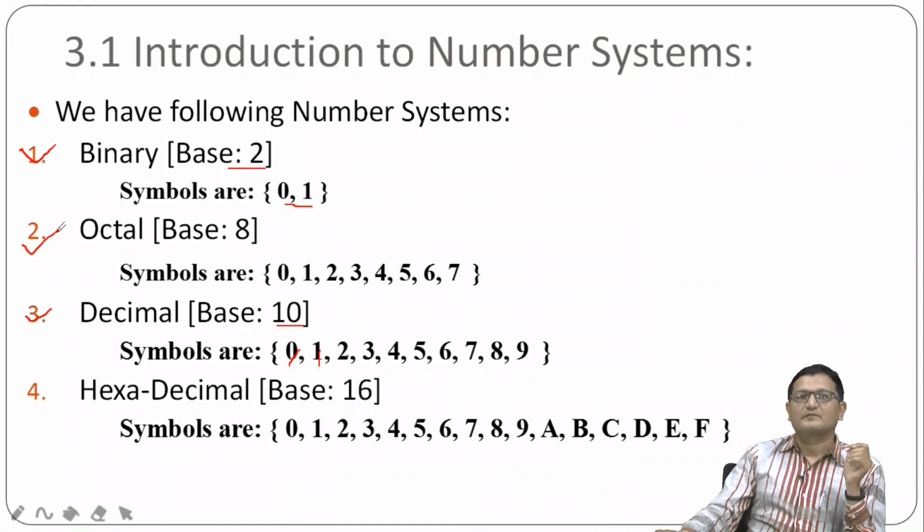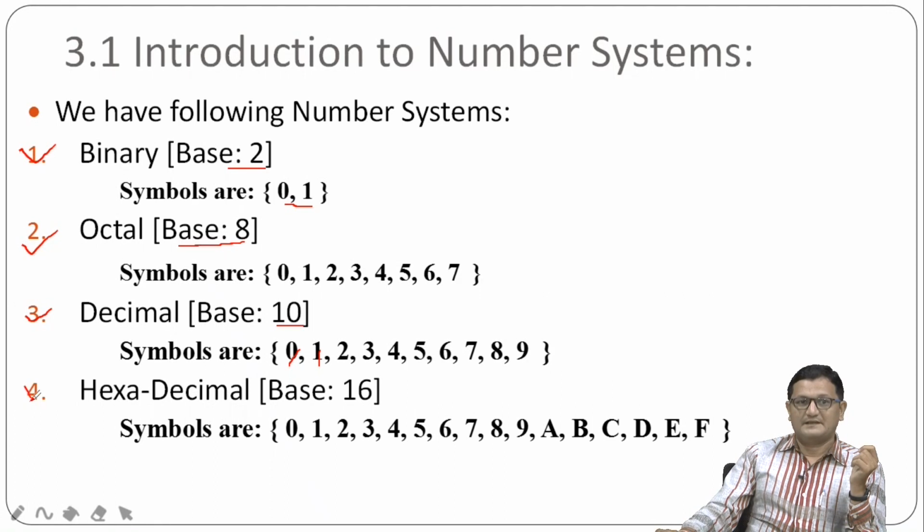One is the octal number system. In the octal number system, only 8 symbols are allowed, and those symbols are 0, 1, 2, 3, 4, 5, 6 and 7. Total 8 symbols, and that is why the base of the octal number system is 8, right?